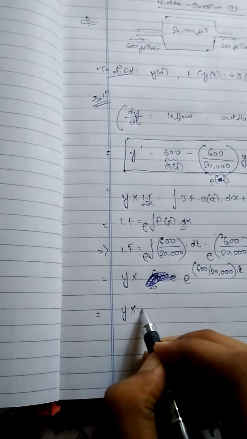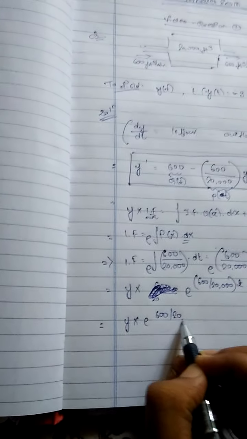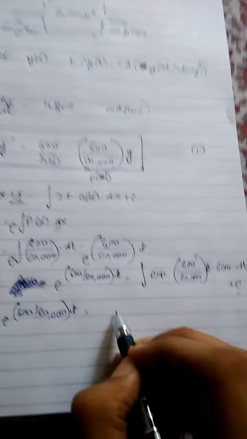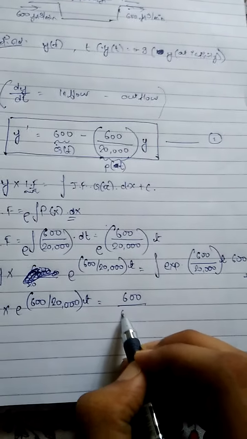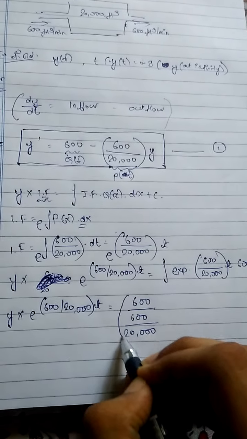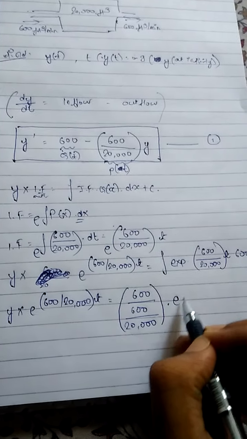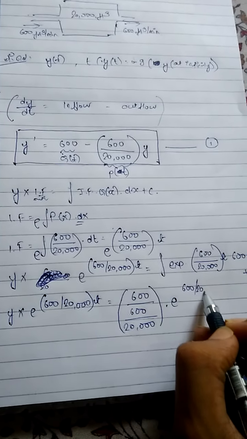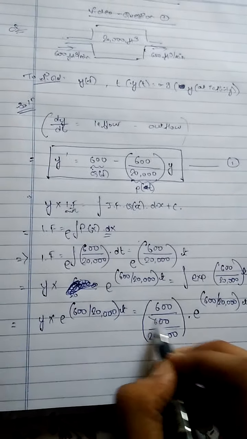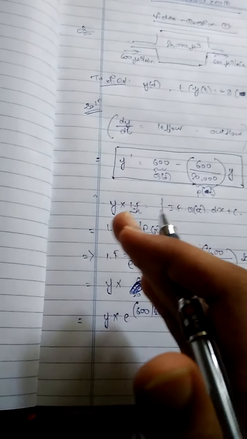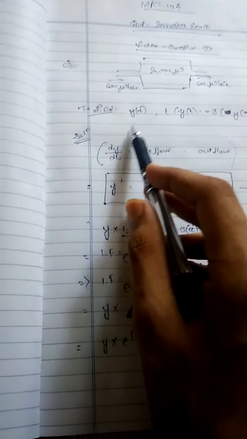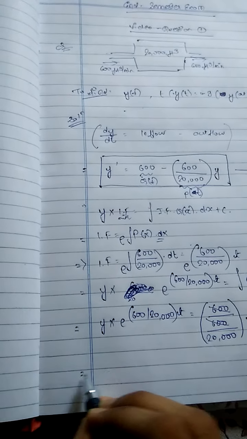So solving the integrand on the right hand side, we find this. Now I will send the integrating factor over to the right hand side so that we can isolate y(t) on the left hand side itself.